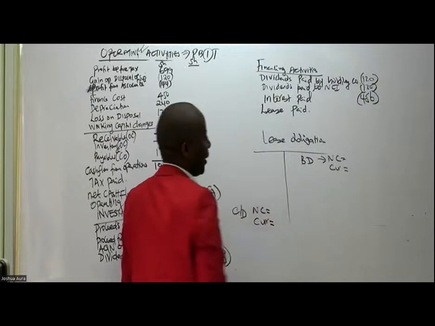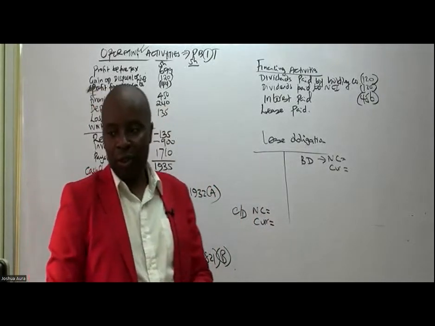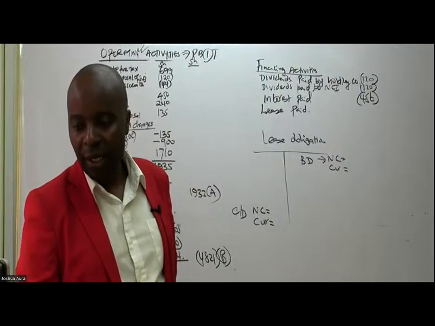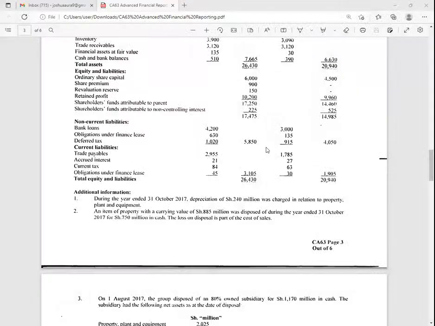For the non-current lease obligation, are you able to see the figure? Lease obligation brought forward: for obligation under finance, I can see 135 and 30. So 135 here, and 30 there.